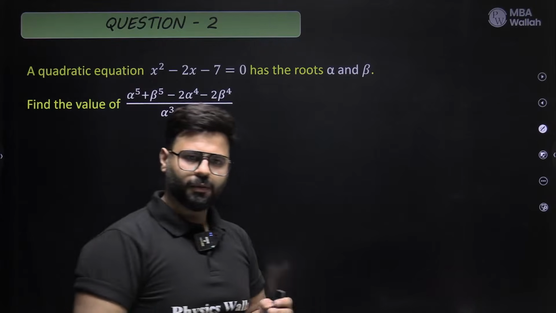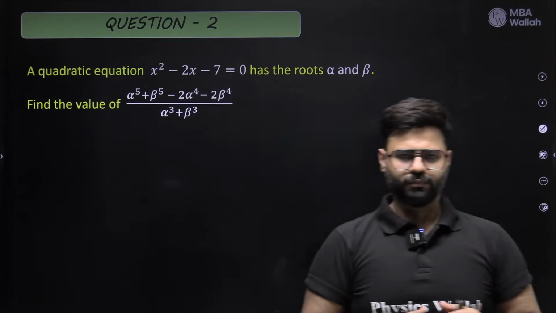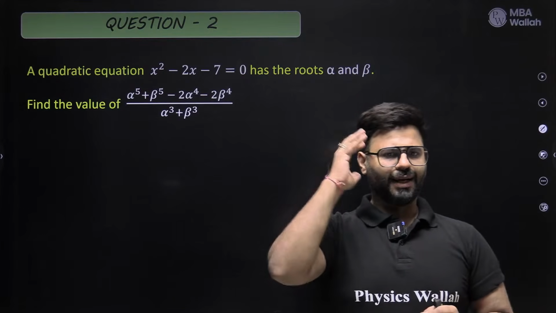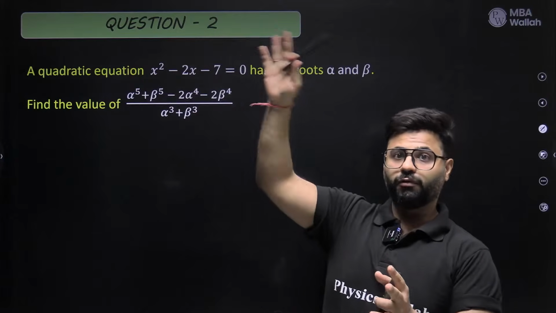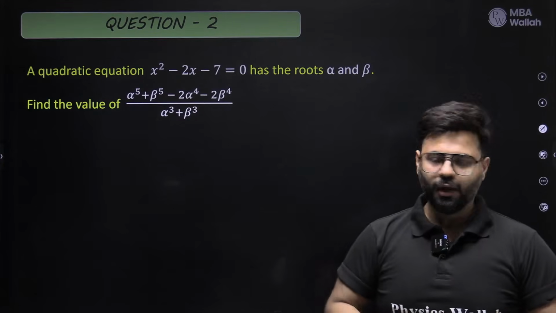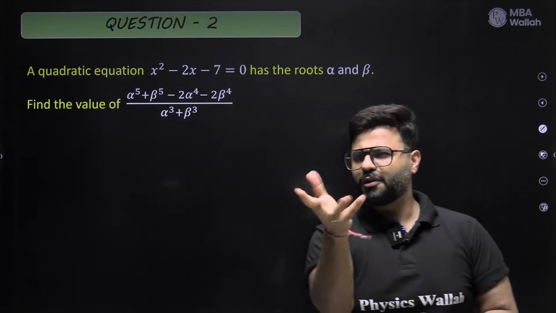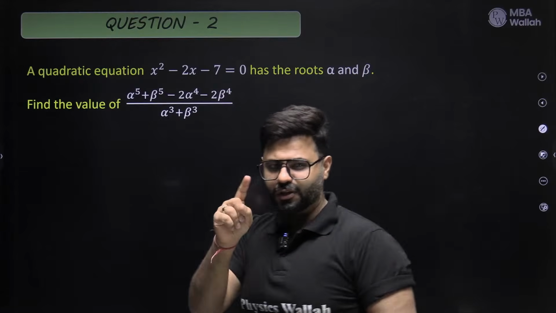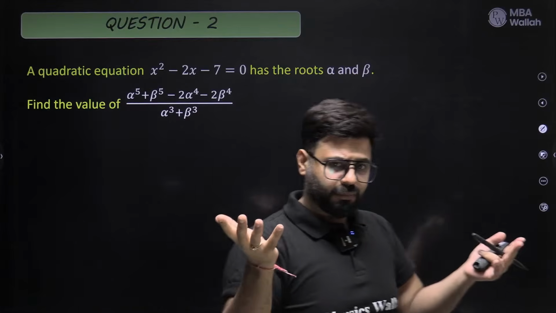Atharv, Palak, Prachi, where can we go? Of course, one idea that comes is that from alpha plus beta and alpha beta, I try to find out alpha 5 plus beta 5, and then alpha 4 plus beta 4, then alpha 3 plus beta 3. Of course, that is not something the question must be looking at. Yes or no? Because then it will be a very lengthy question.